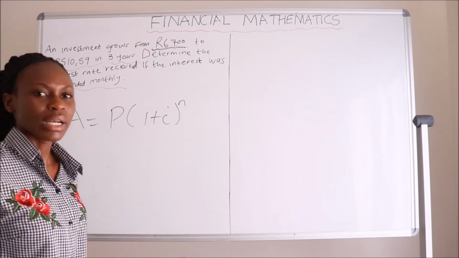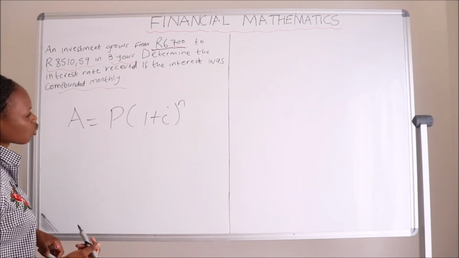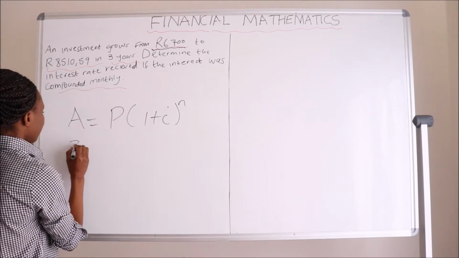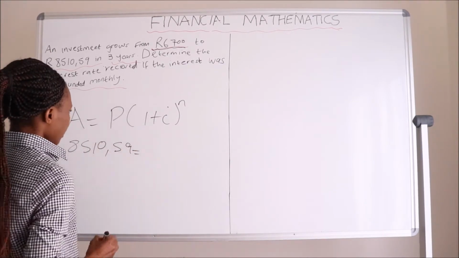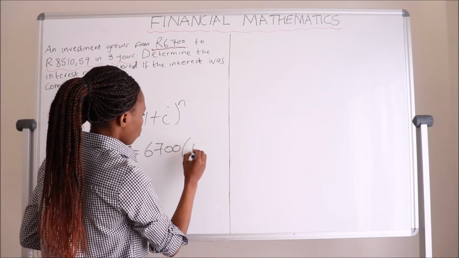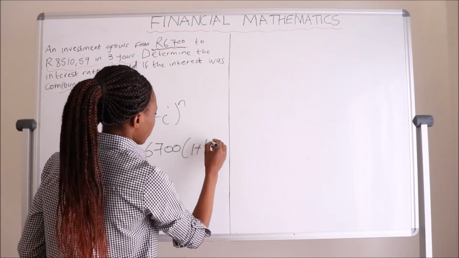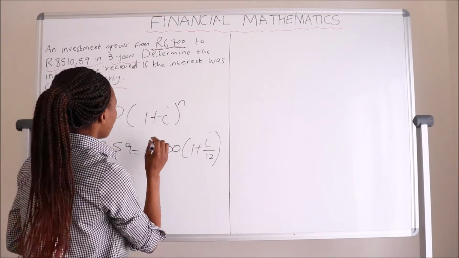That means it's actually a gain in the investment, so that's why we use the compound growth equation. Then here we have 8,510.59 equals our principal value of 6,700 into 1 plus our I, that's what we're looking for, and it should be divided by 12. Remember, this is compounded monthly.